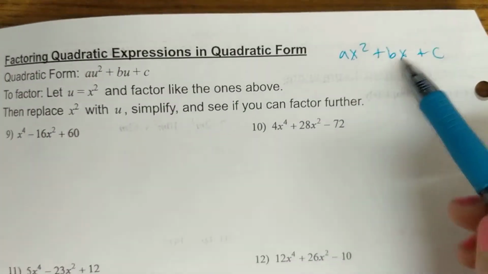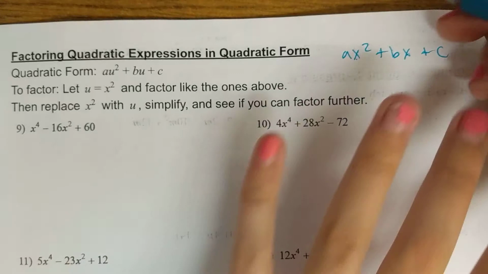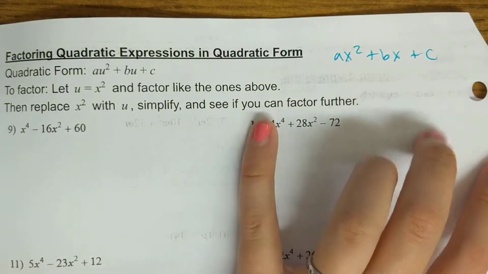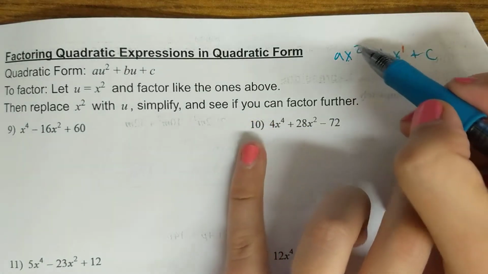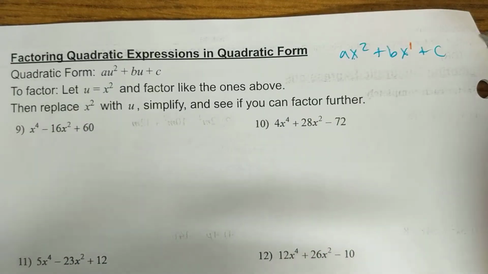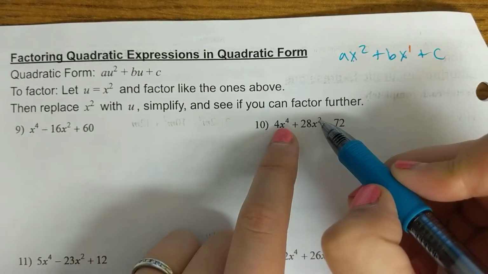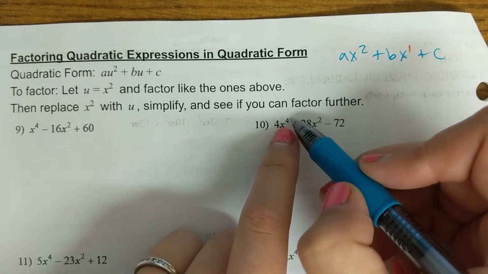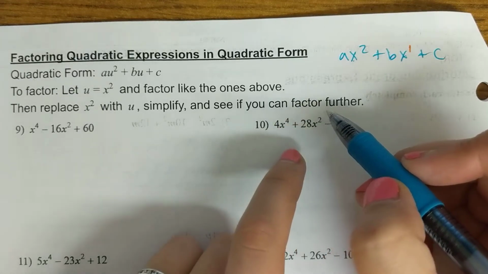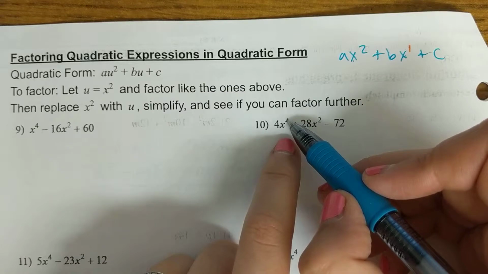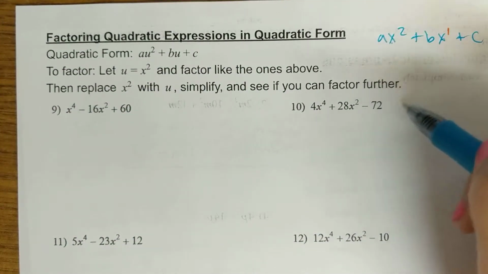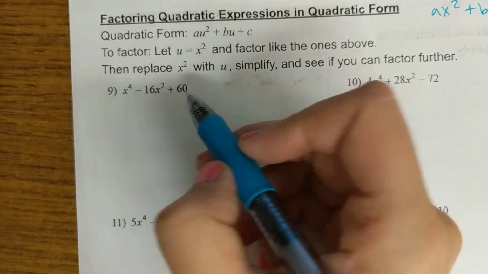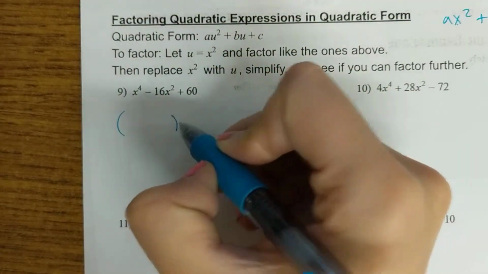Quadratic form is where maybe it's not 2 and 1, but it's in that same pattern. So it's like 4 and then 2, or it could be 6 here and then 3. Whatever it is, this is twice as much as that, and there's no variable on the third term. Okay, so this is quadratic form.